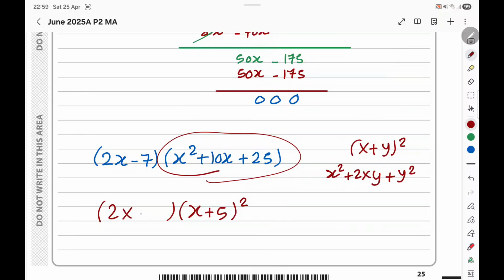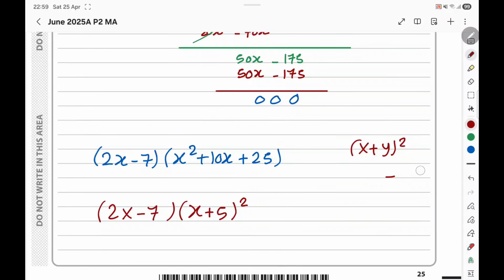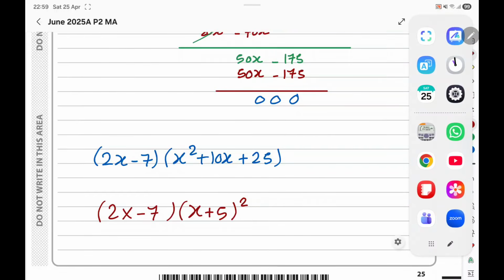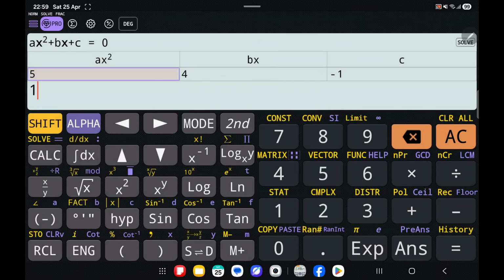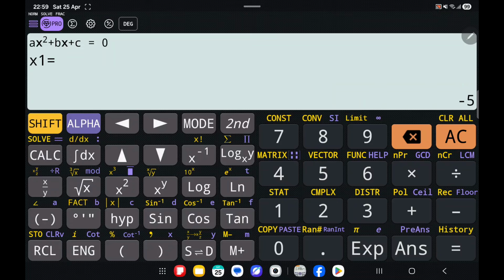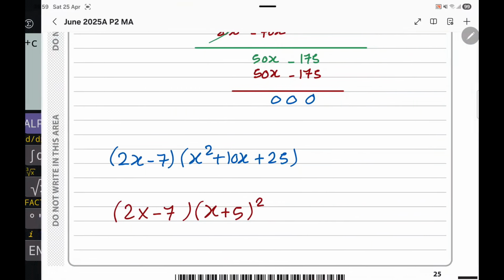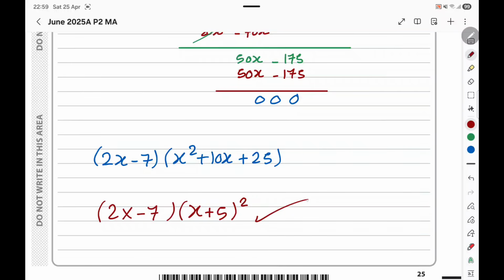And this is 2x minus 7. This is the final answer. You can check it on the calculator, mode 5 3: 1, 10, 25, negative 5, and x2 also equals negative 5. You have one solution. This means that the solution is repeated, so it is x plus 5 squared.